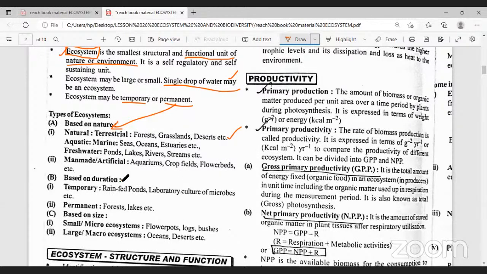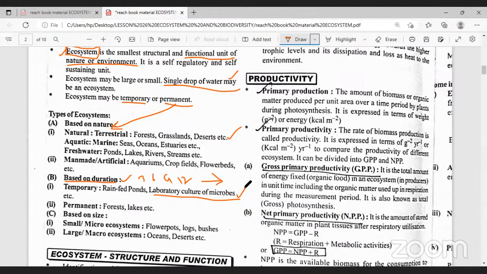And then the second one is based on their duration, depending upon the time duration. You know, about 3 months, 6 months, 9 months, 12 months, more than 12. Okay, like that. The temporary rain-fed ponds, laboratory culture of microbes. These are all based on duration. Take an example, laboratory culture. Suppose you are suffering from any disease, you go to the laboratory.